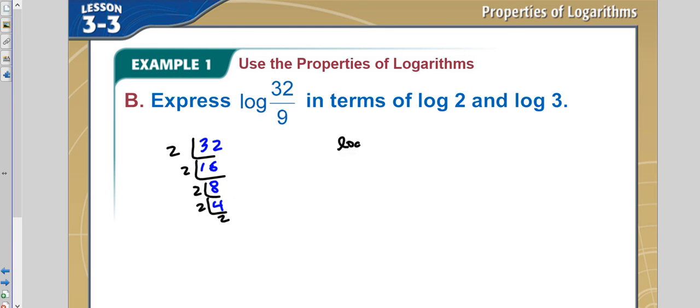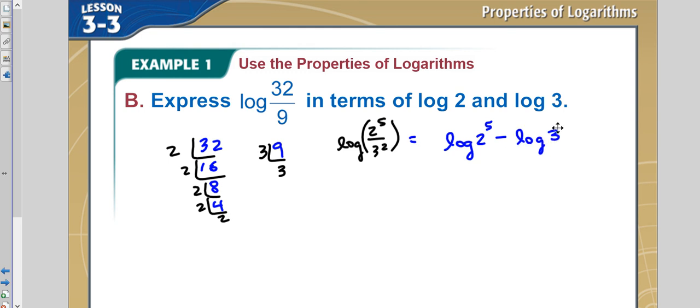So right now we have log of 2 to the 5th divided by, and I'll put a parentheses here so I don't get messed up, 9. 9 is the same thing as 3 squared. If we're not sure, 2 does not go into 9, but 3 does, and 3 goes in 3 times. So this would be 3 squared. So if I wanted to rewrite this, I could say that this is equal to log of 2 to the 5th power minus, because this is the quotient property, log of 3 squared.